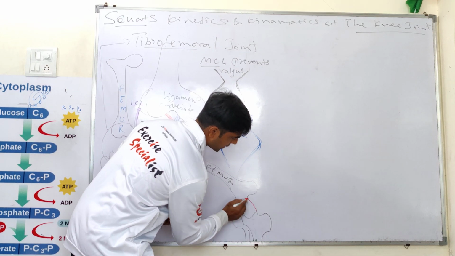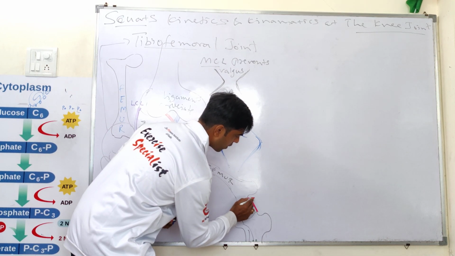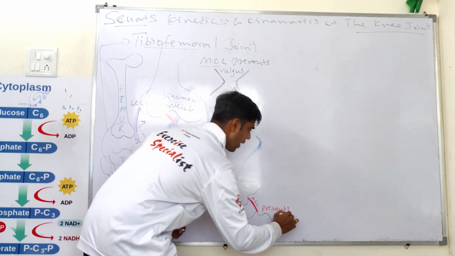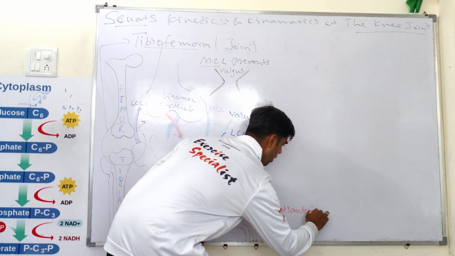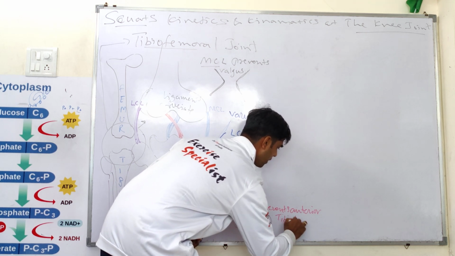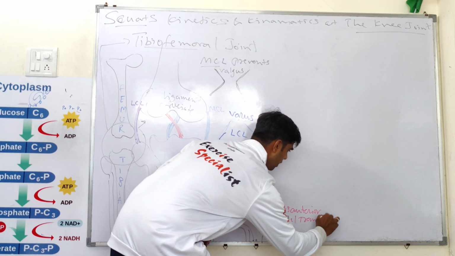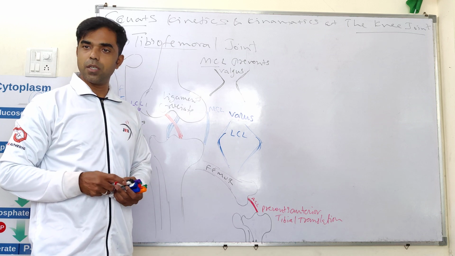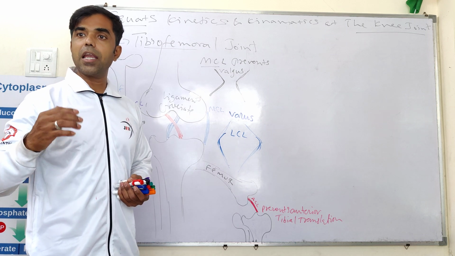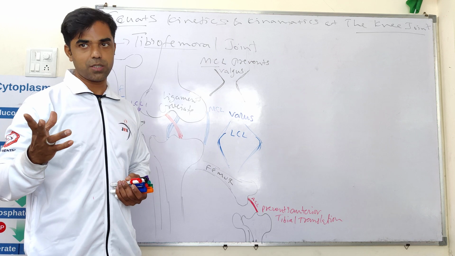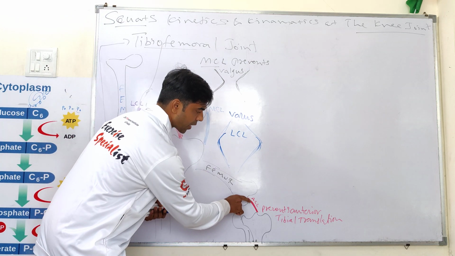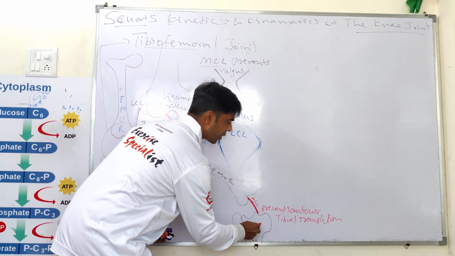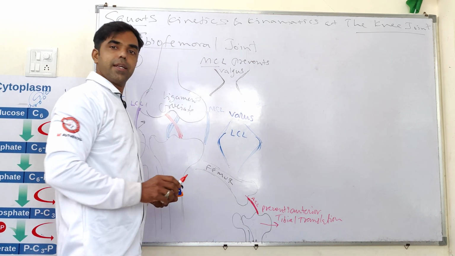Now the ACL prevents anterior tibial translation. It means that while squatting, we always tell the client not to allow the knee to cross the toes. That is taken care of by the ACL. The ACL is not allowing the tibia to go forward in squatting.